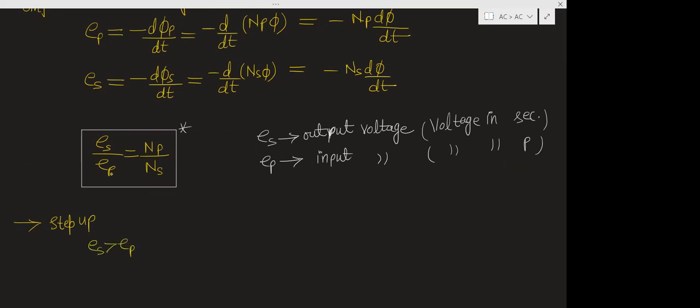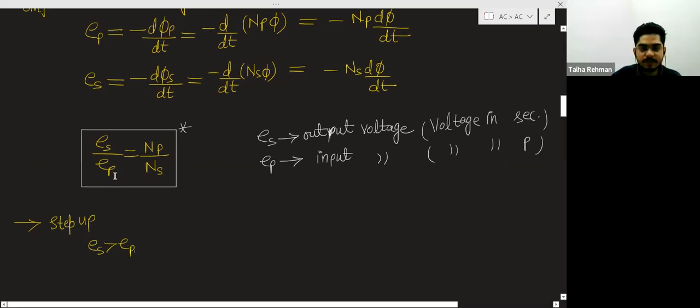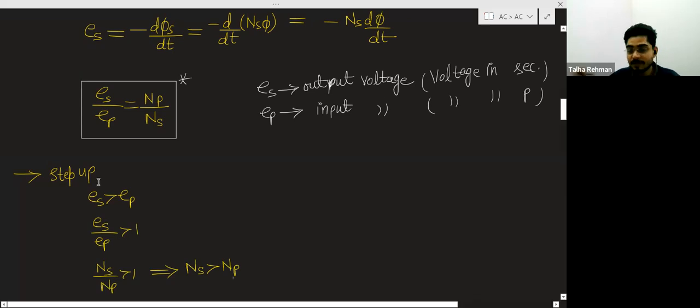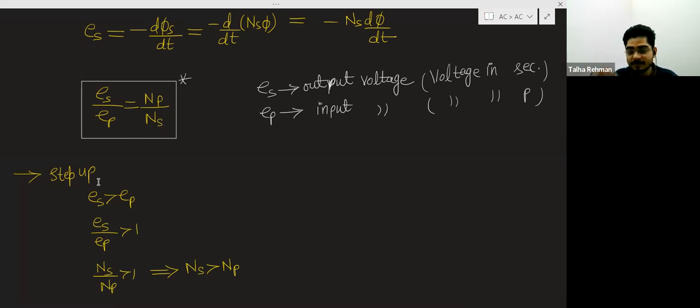So ES by EP must be greater than 1, and ES by EP is equal to NS by NP, greater than 1. So the number of turns in the secondary winding is greater than the number of turns in the primary winding. In a step-up transformer, remember this: when the number of turns in the secondary winding is greater than in the primary, that transformer is a step-up transformer.